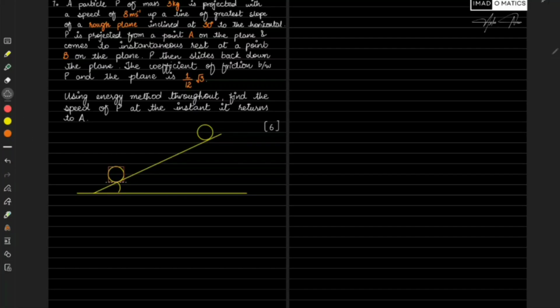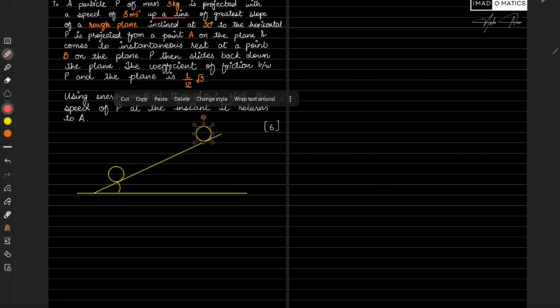When they say projected, why do I assume that it is projected upwards? Because they have made it clear, up a line of greatest slope. So that means it is projected upwards.